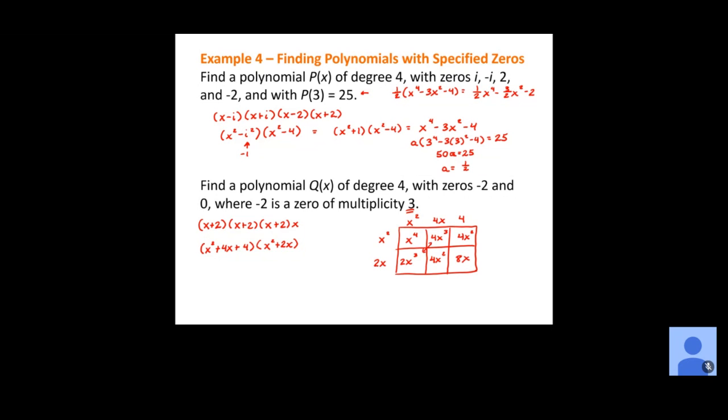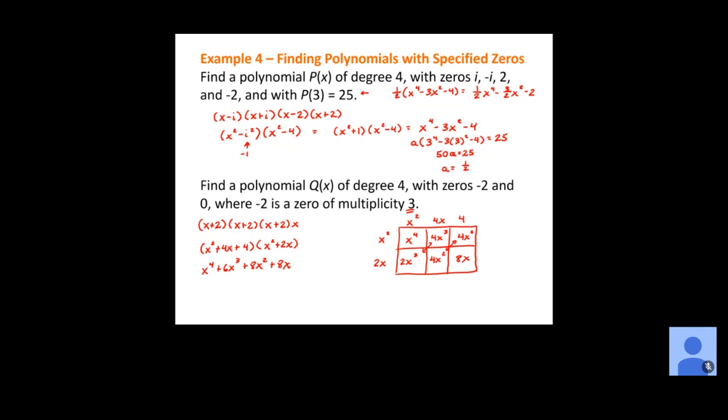Combine like terms now. We have x cubed terms here, x squared terms here. So we're left with x to the fourth plus 6x cubed plus 8x squared and plus 8x.